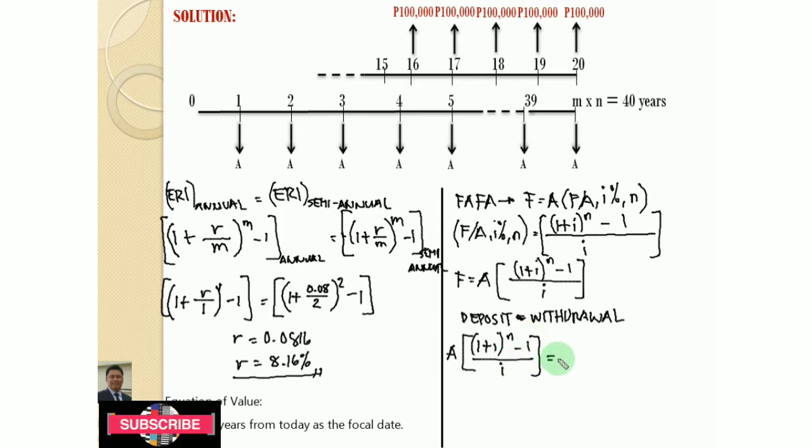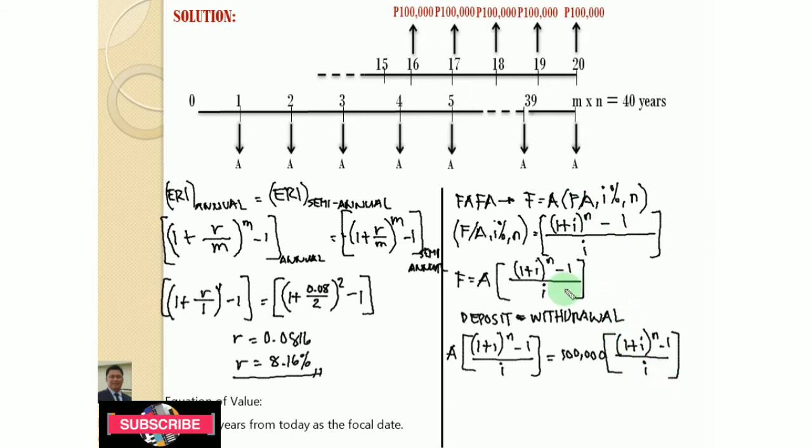This is equal to this cash withdrawal here. Our A here is 100,000, so we have 100,000 times this quantity, (1 plus i) raised to the n minus 1 all over i.